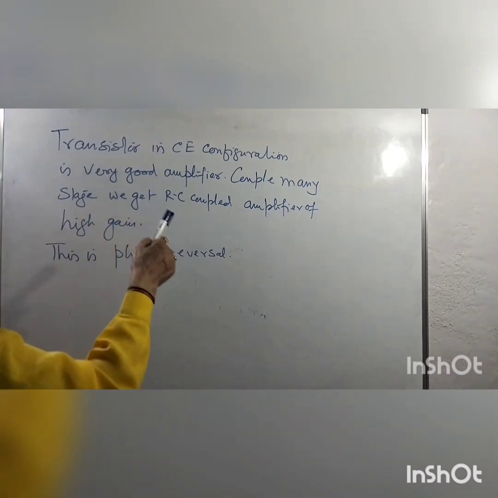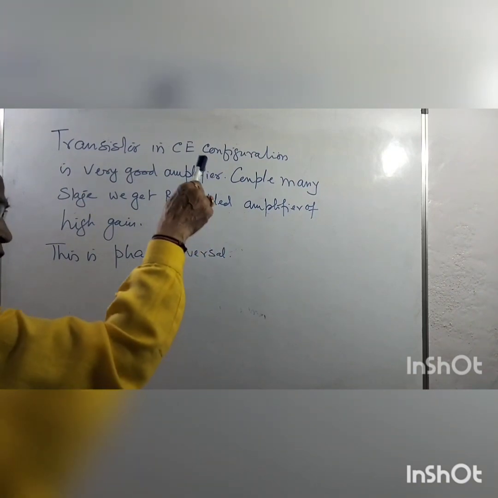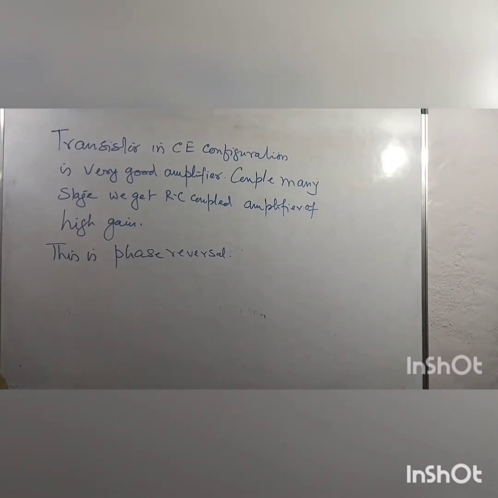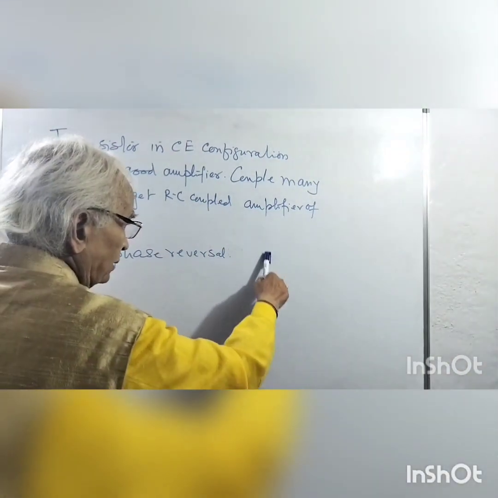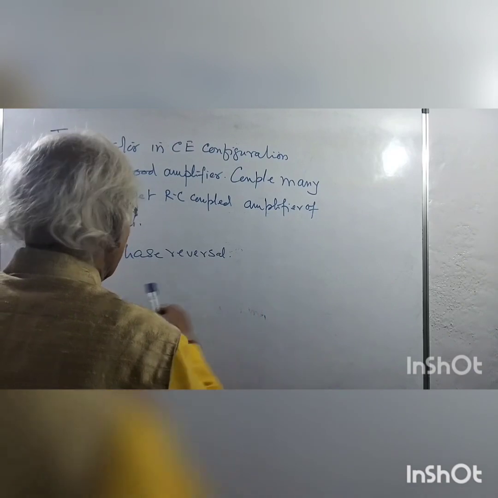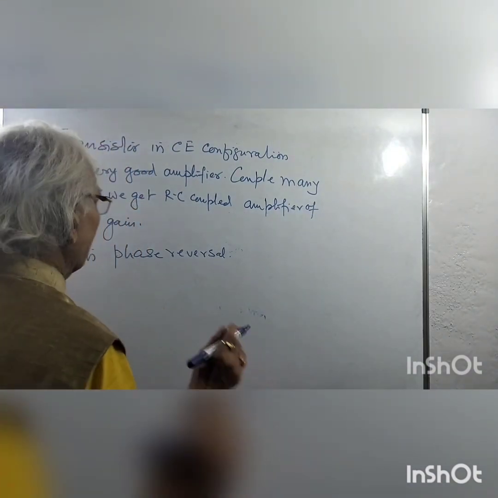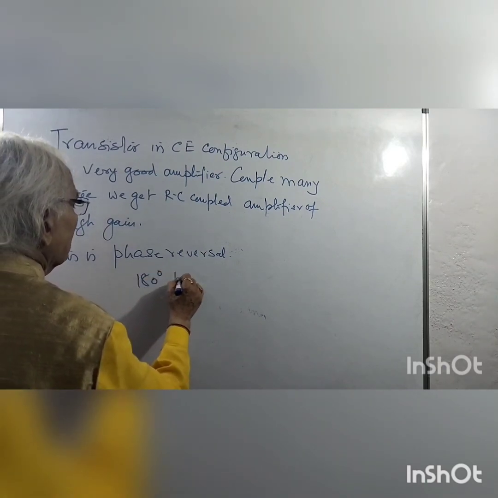So current increases means in the collector circuit potential drop across the resistance increases, and hence output falls, and it is the phase reversal. If input current decreases, the voltage drop decreases, and the output increases. So there is 180 degree phase difference, a phase reversal, 180 degree phase change.